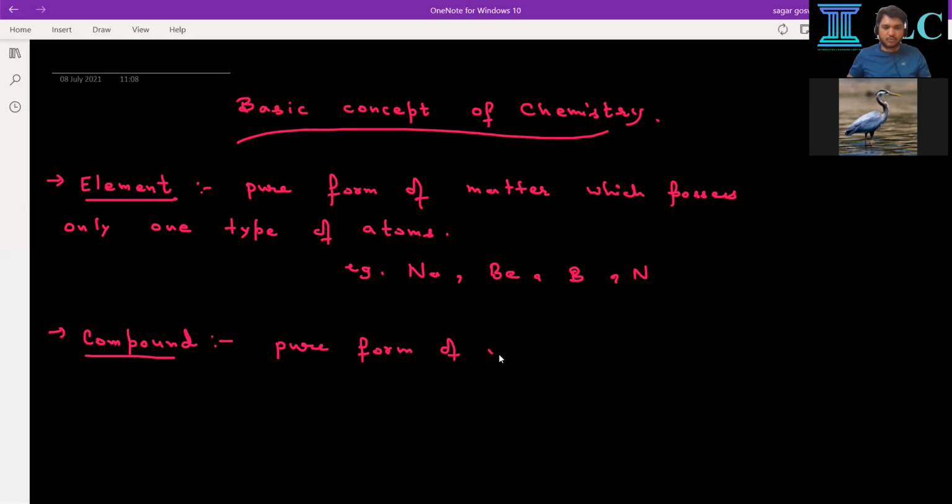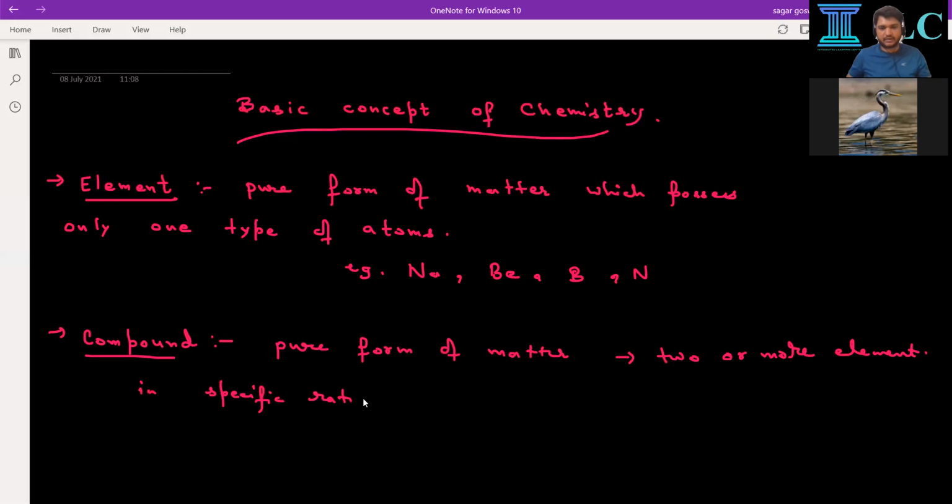So it is a pure form of matter which consists of two or more elements, and of course they combine in a specific ratio.